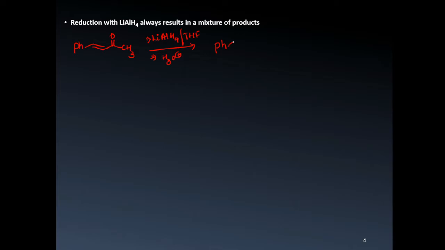So formation of OH and CH3 plus Ph OH CH3. So one is major, another one is minor product. It's also a stereoselective reaction. It's 1,2 reduction, and another one is the 1,4 reduction, and this is the minor. 1,2 reduction is the major, 1,4 reduction is the minor product.